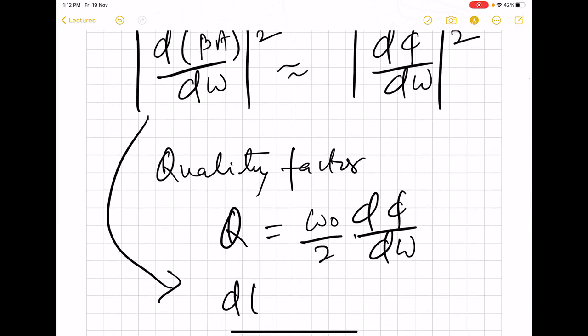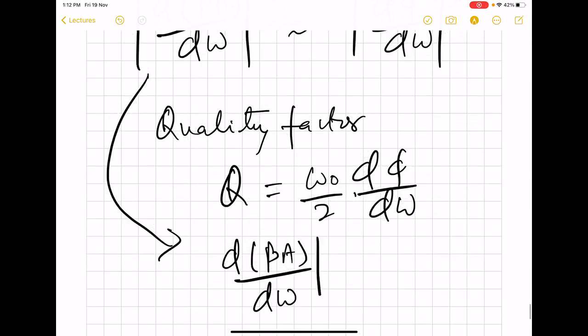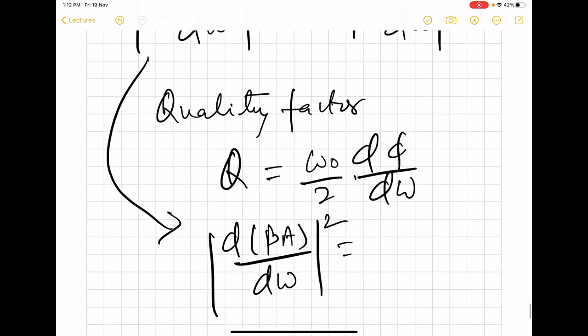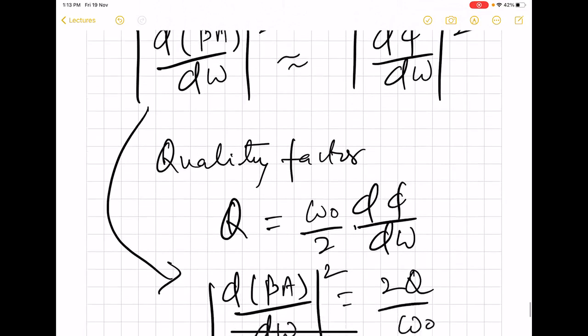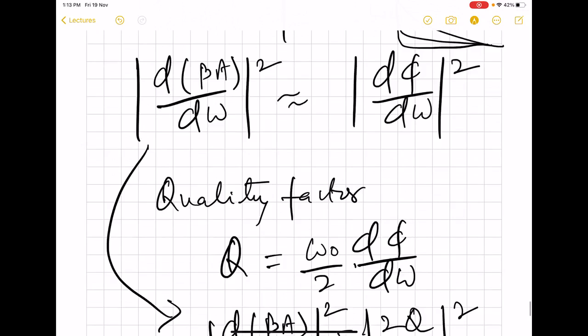So therefore, the magnitude square of d beta A by d omega basically becomes equal to omega naught times 2Q by omega naught, whole square.